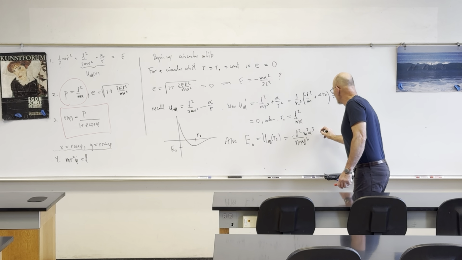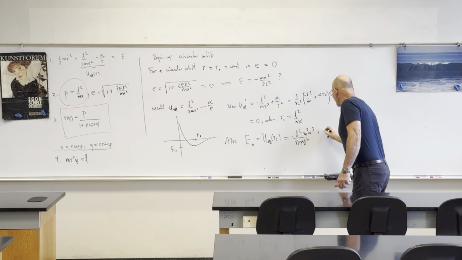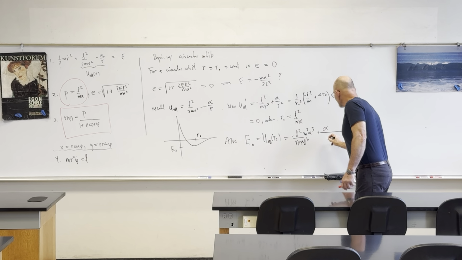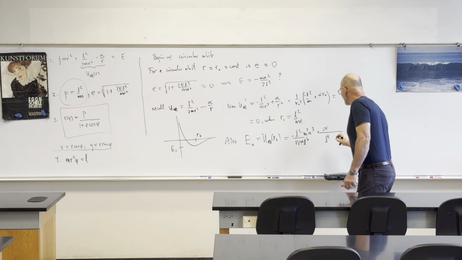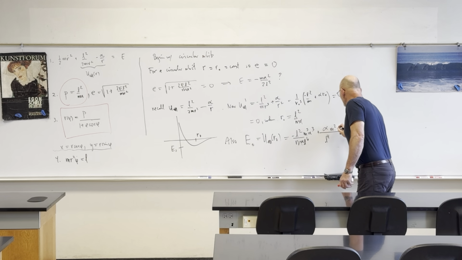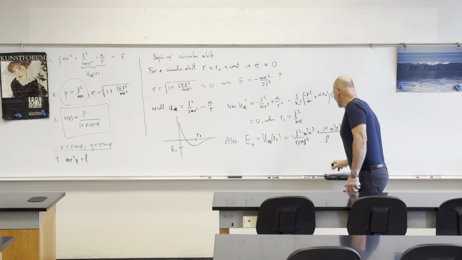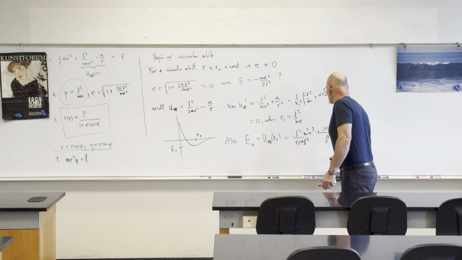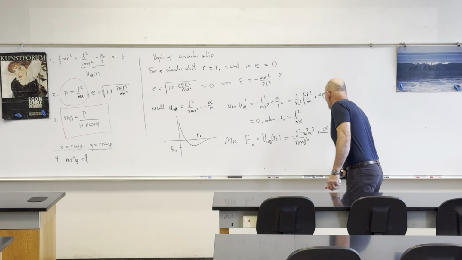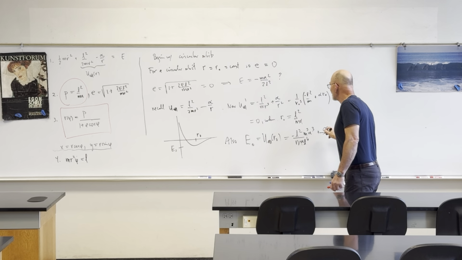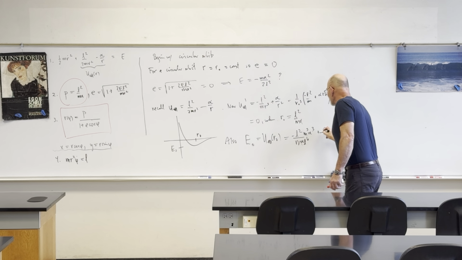And then we'll have plus alpha over R naught squared, so L to the 4th over M squared alpha squared. Actually, wait a minute, what do I have here? Plus alpha over R naught squared, L to the 4th, alpha squared.